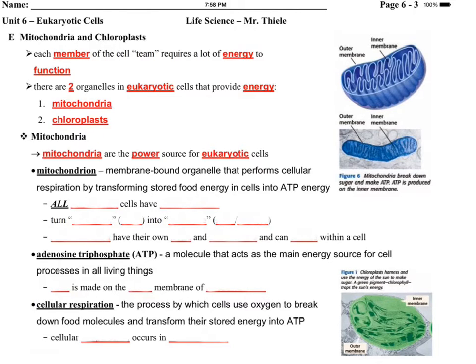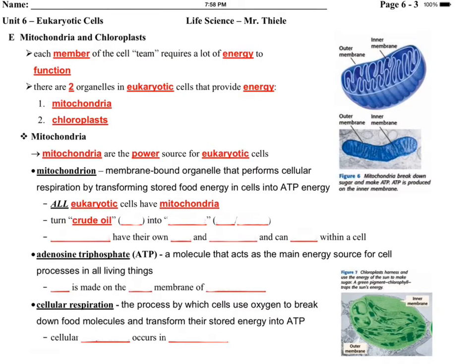They take highly broken down food products and break them down one last time and transform the energy that's stored within the food into something called ATP energy. All eukaryotic cells have mitochondria. This is a universal structure when it comes to eukaryotic cells. It occurs in all eukaryotic cells.